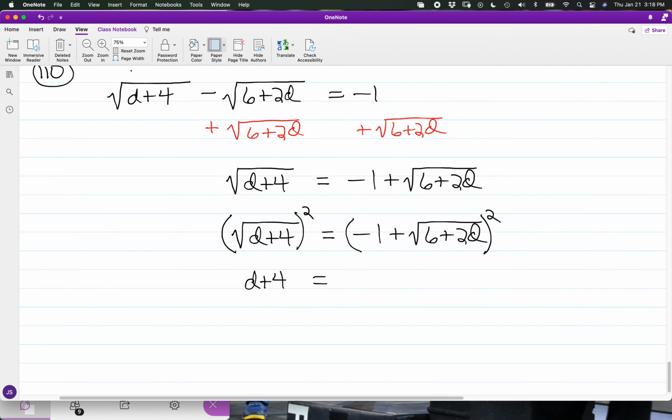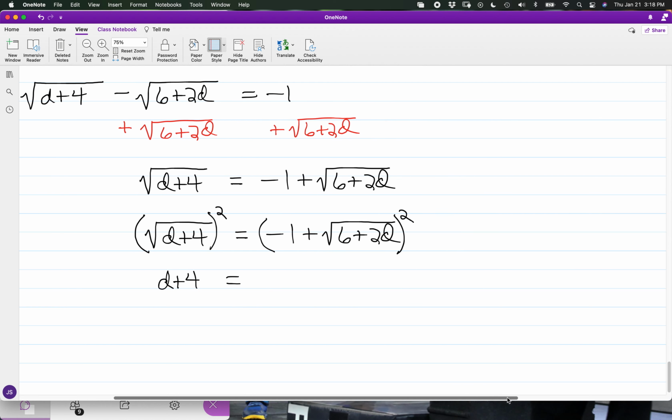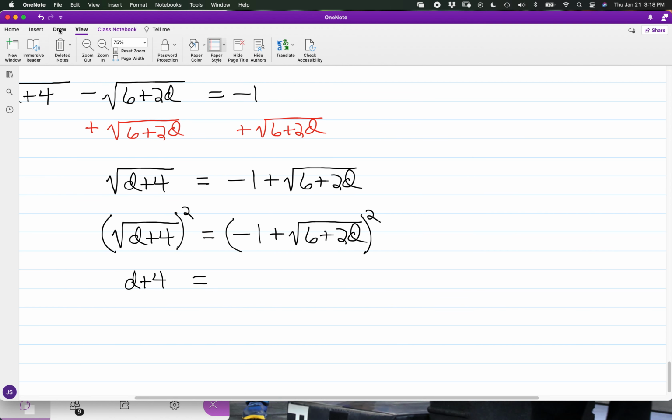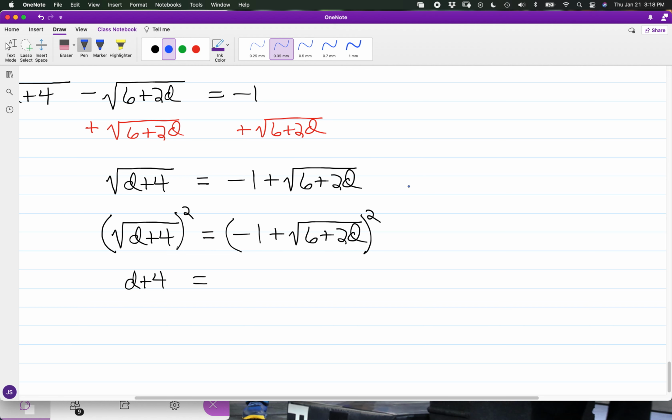Now for negative 1 plus the square root of 6 plus 2d squared, I'm just going to mention, this would translate out to negative 1 plus the square root of 6 plus 2d times itself. And if I take the FOIL, we've got negative 1 times negative 1.